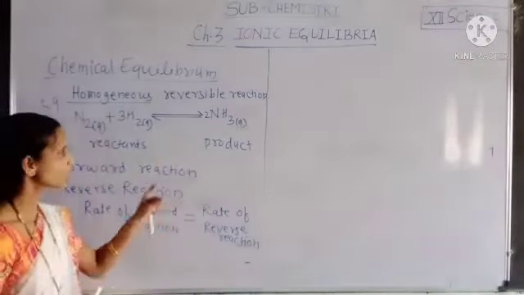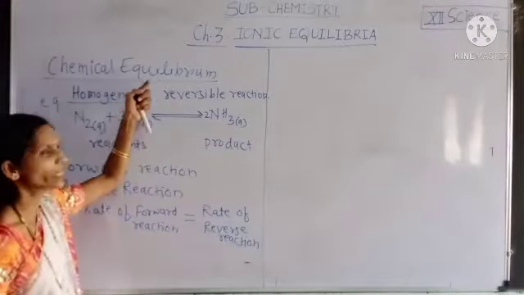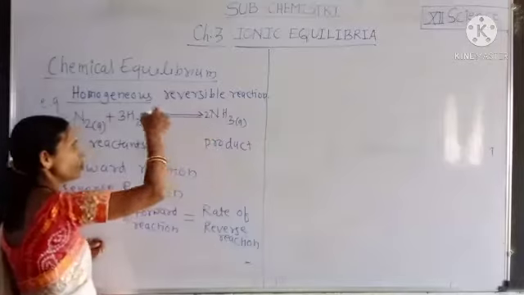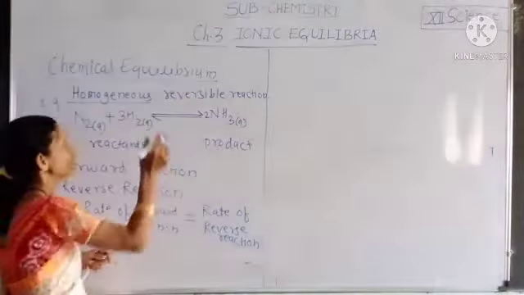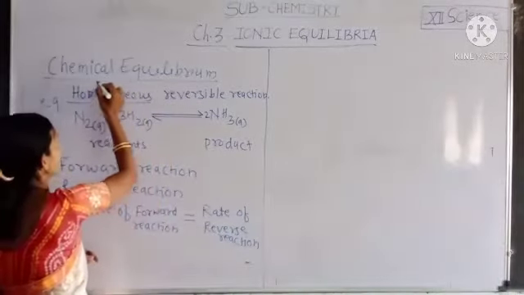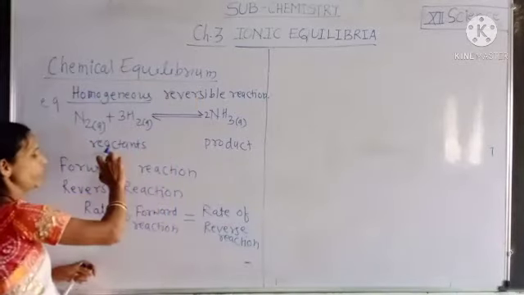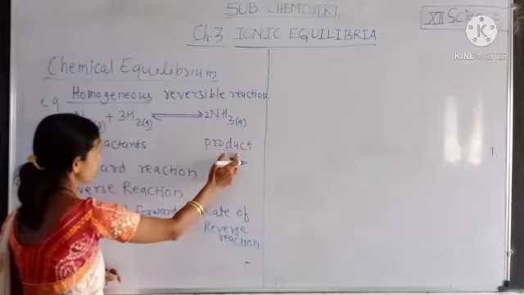That state is called chemical equilibrium. When the rate of the forward reaction and the rate of the reverse reaction become equal, it is said that chemical equilibrium is attained between reactants and products.